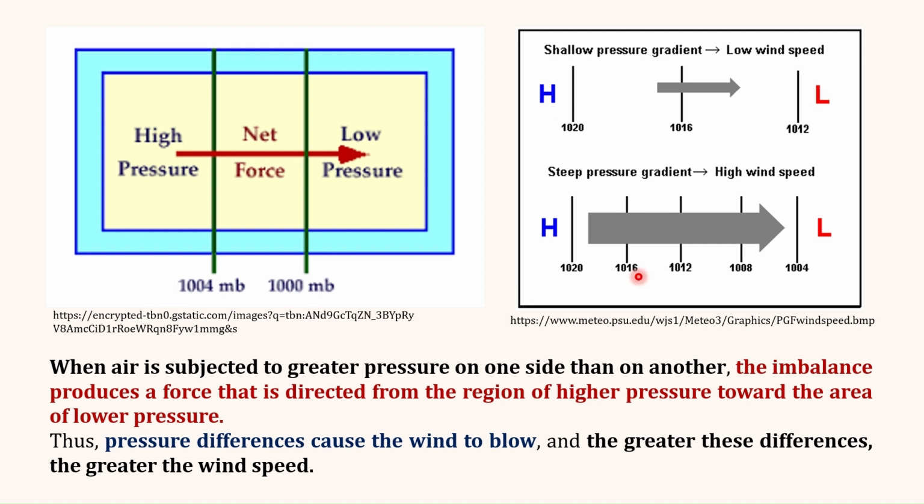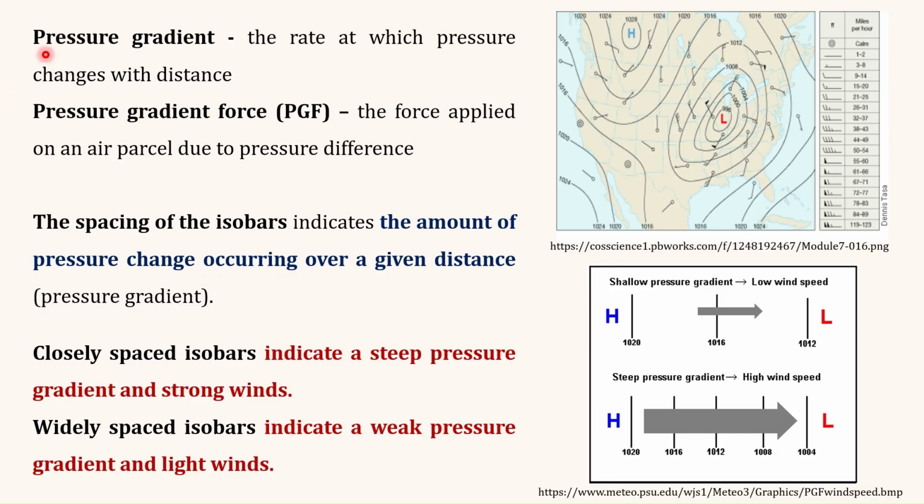As we can see here, the steep pressure gradient is related to high wind speed, while the shallow pressure gradient is related to low wind speed. So, the term pressure gradient refers to the rate at which pressure changes with distance, and the pressure gradient force is the force applied on an air parcel due to pressure difference.